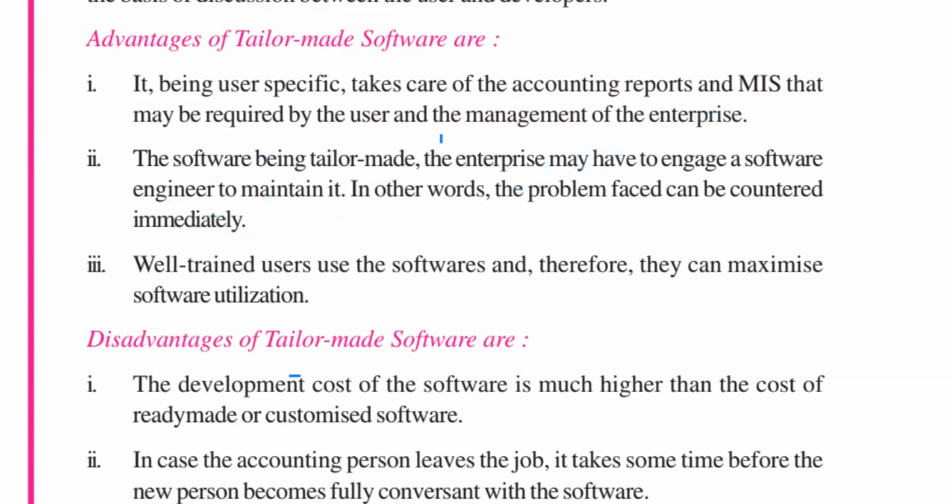If any problem arises, the software engineer will resolve it. Well-trained users use this software, and therefore they can maximize its utilization. Since these are tailor-made software, they are not available in the market, so anyone cannot use them. You need only specific persons to use this software, so they can maximize the software. Clear?